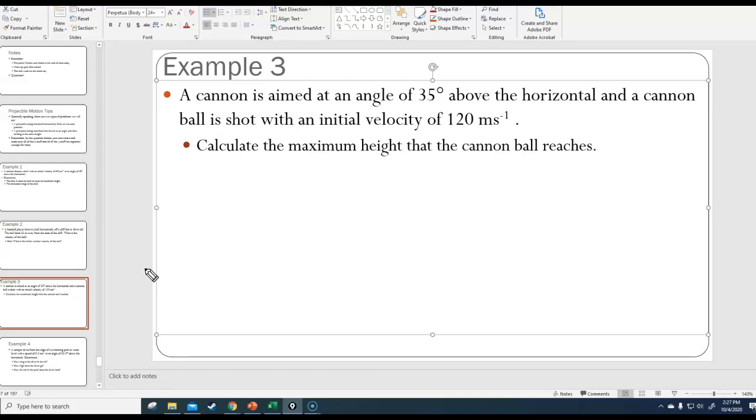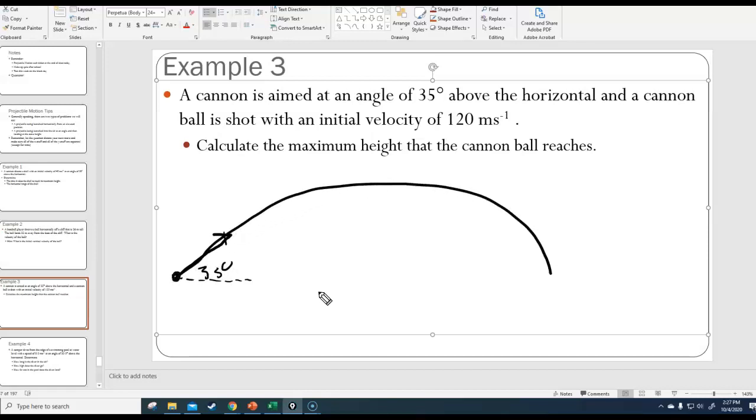And now let's see how you did. My first step is to sketch out the situation. I know that it's launched at 35 degrees above the horizontal. The cannonball is going to go up and down like that. Second step, find, if possible, the components of the initial velocity vector, uy and ux.